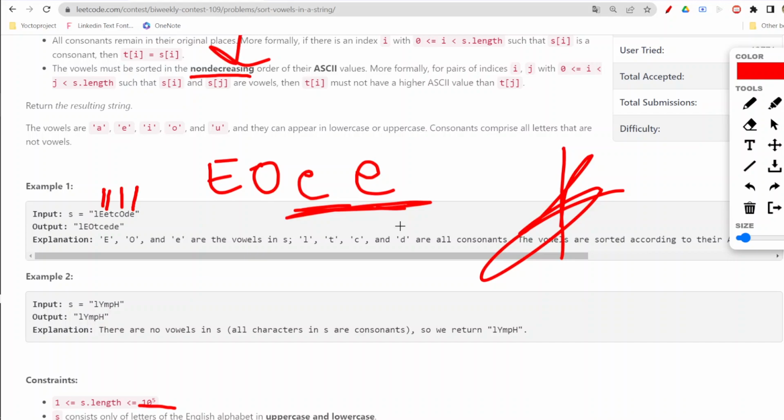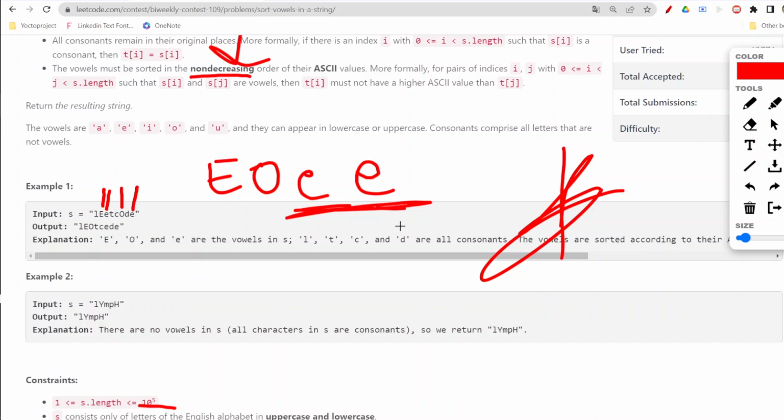In this question, I have just checked if there is a vowel, and at that point I simply take that vowel and put it in an auxiliary space. After that I have all the vowels in my auxiliary space and I just need to sort them.